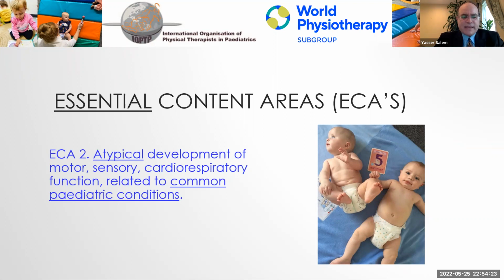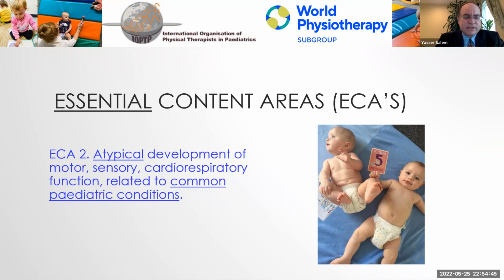You look at the presentation when you examine that child, and you can come to a conclusion and say, yes, the presentation here, the deficits, the deviation is aligned or consistent with the diagnosis. Or you might say, no, that's not really consistent with the diagnosis. Let's confirm the diagnosis or really do a differential diagnosis.